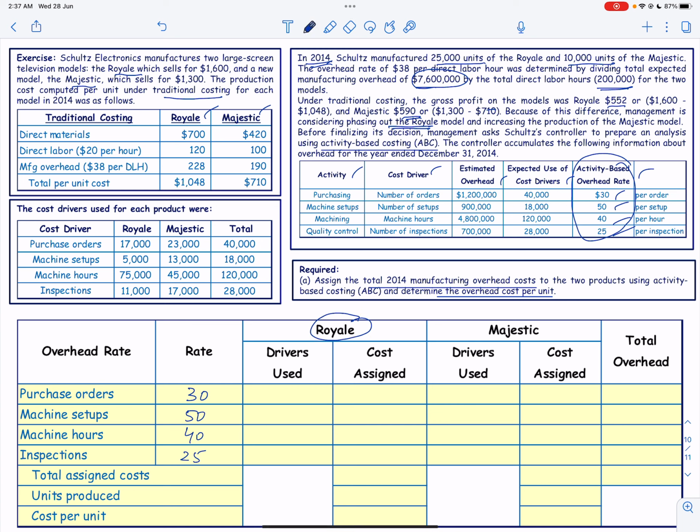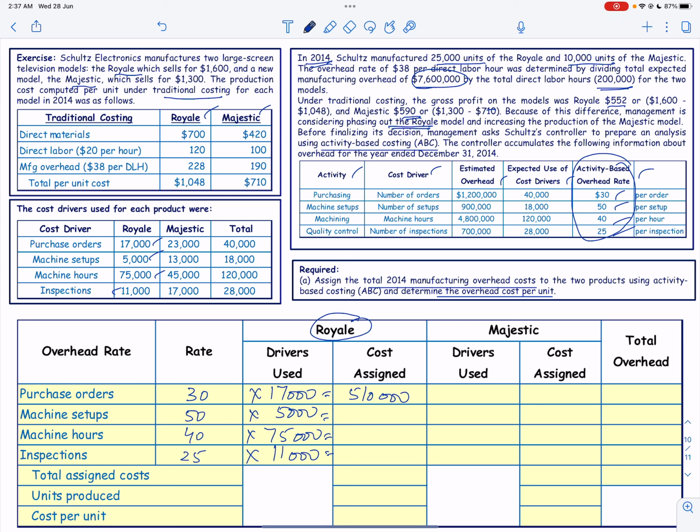For Royal, the cost drivers are purchase order 17,000, machine setup 5,000, machine hours 75,000, and inspection is 11,000.